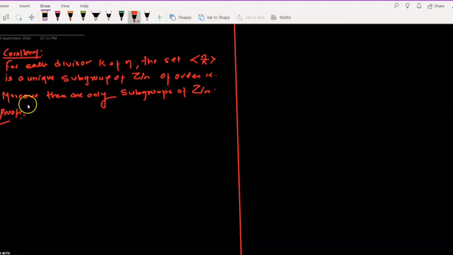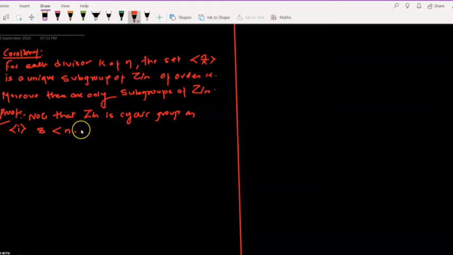Note that Zn is cyclic, as one bar and its inverse are generators of Zn, right?